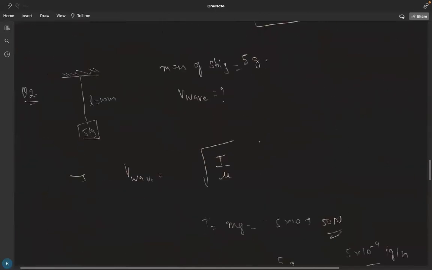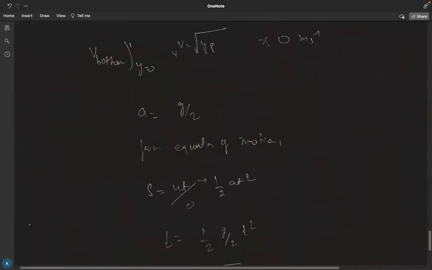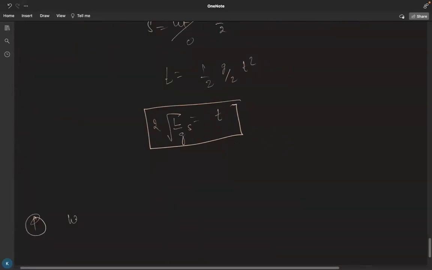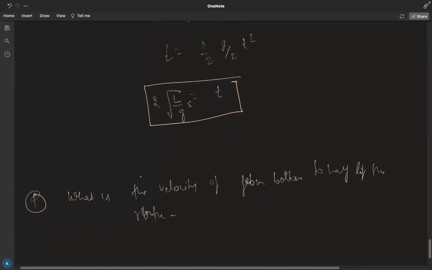So what else can we do? If I ask you in the fourth question, what is the velocity from the bottom to half of the rope, how can you calculate it?